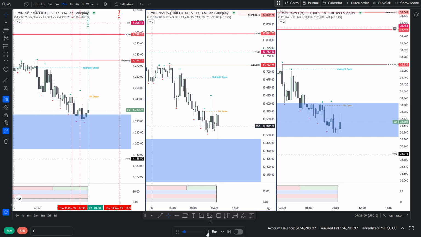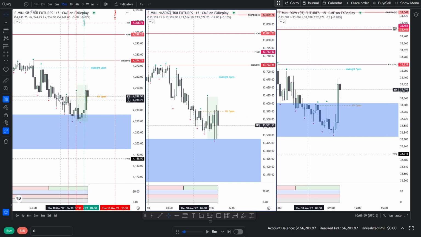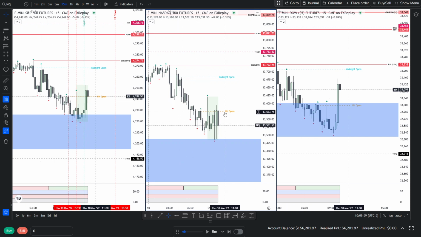Lower appears to be okay. Equities open. Right, so now the market has traded above the breaker, which is here. Okay, yeah, it has. So it's traded above the breaker.